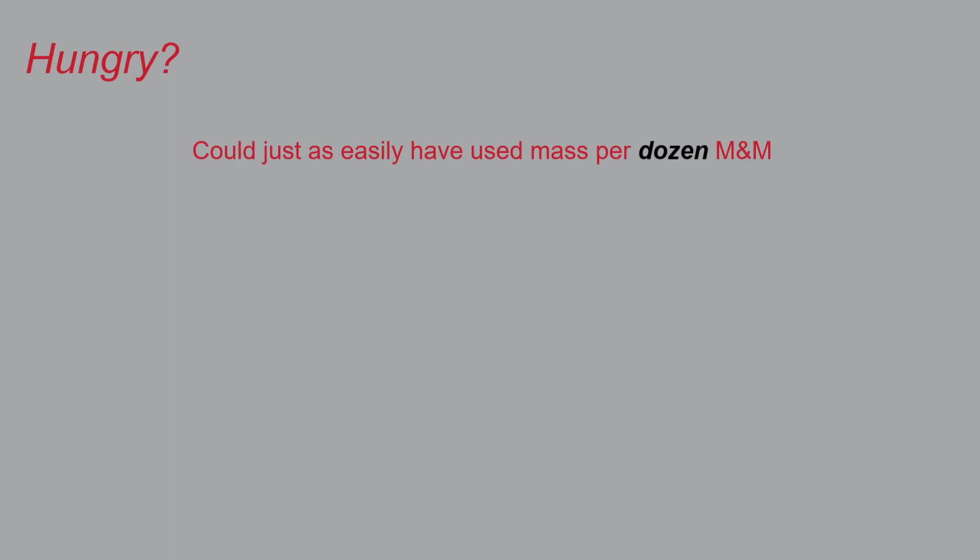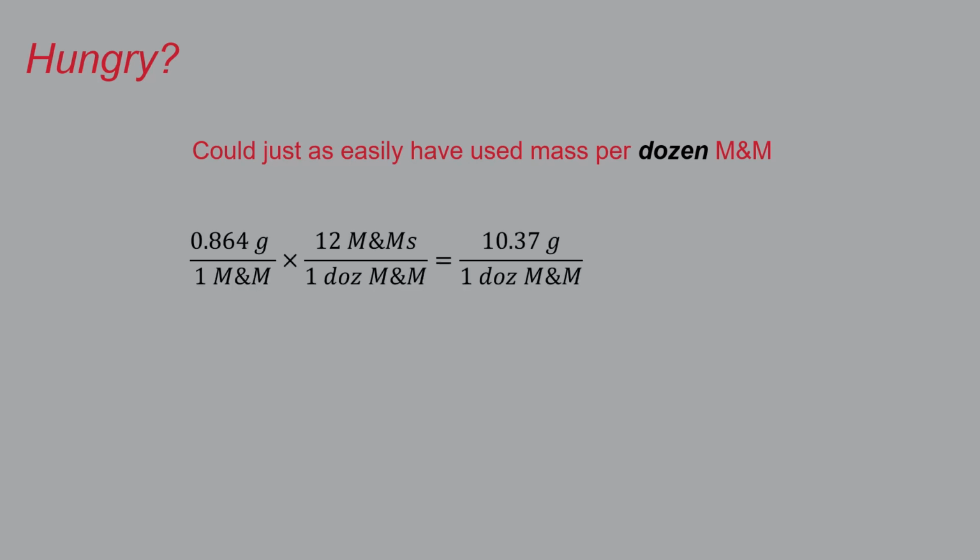Now, let's say that you worked at the M&M factory and you dealt with large numbers of M&Ms. Actually, even people in general never deal with individual M&Ms. But you could still talk about dozens of M&Ms at a time. Now, what's the mass of a dozen M&Ms? Well, if you know the mass of 1 M&M, you multiply it by a conversion factor.